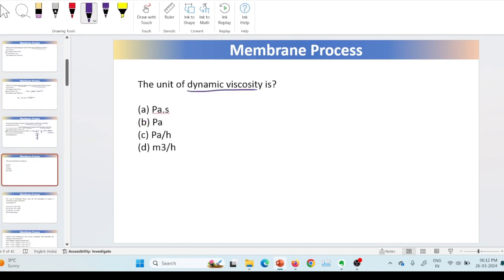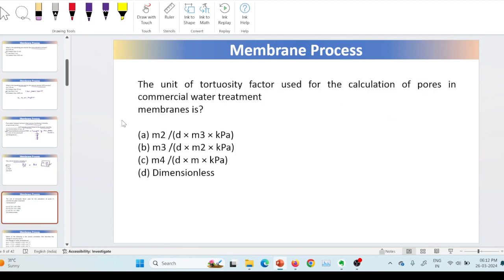The unit of dynamic viscosity is Newton second per meter square. We can write it as Pascal second, since Pascal is nothing but the unit of force per area, Newton per meter square. So the answer is Pascal second.